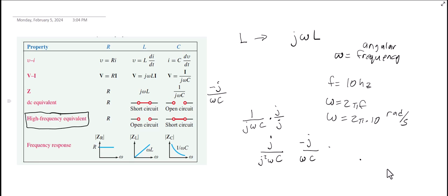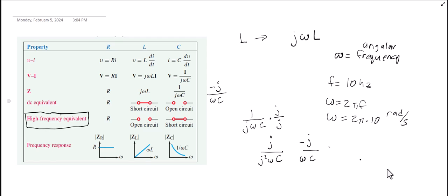If you have a very high frequency, then an inductor acts like an open circuit and a capacitor acts like a short circuit. And your impedance, and I'll talk about what that means in a minute, depends on the frequency for your inductor and your capacitor.